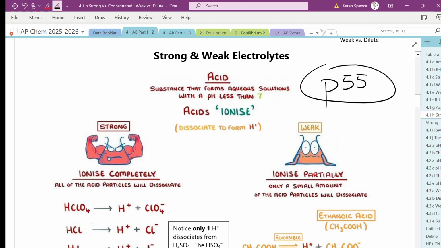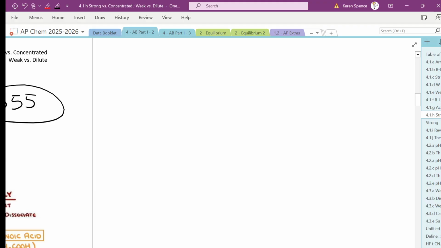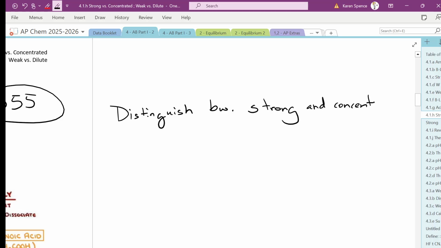And before we go on with this, I would like you to distinguish for your partner between strong and concentrated, and distinguish between weak and dilute. Explain the difference to your partner.